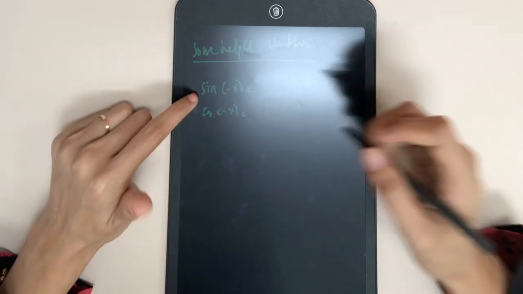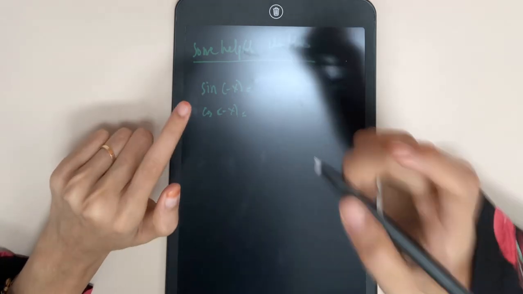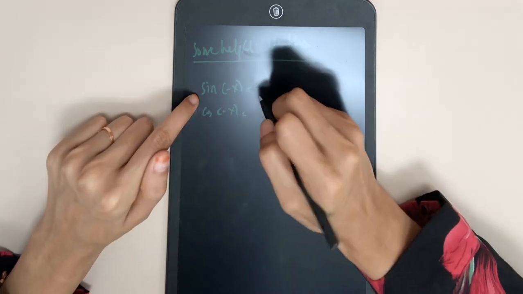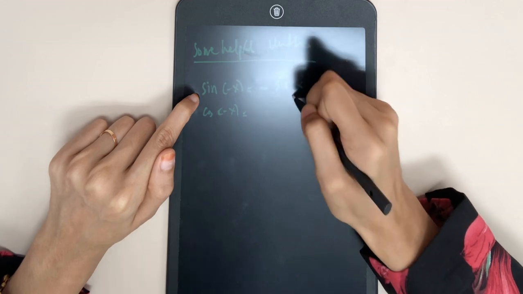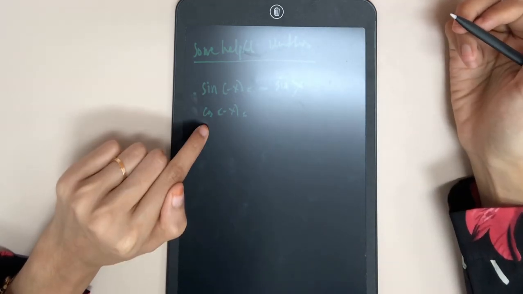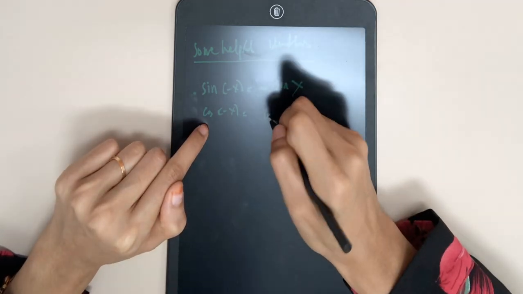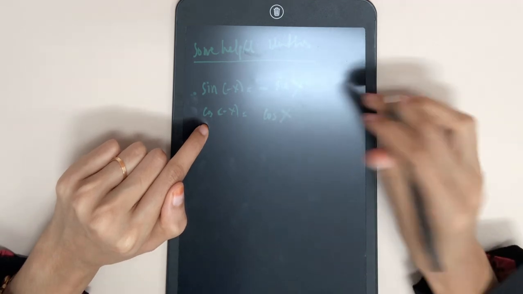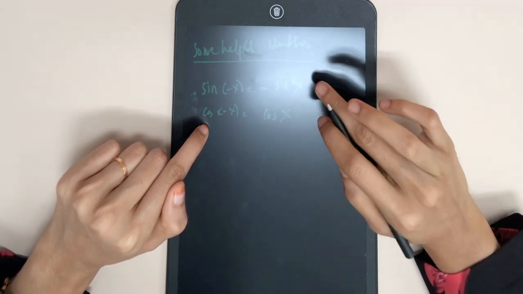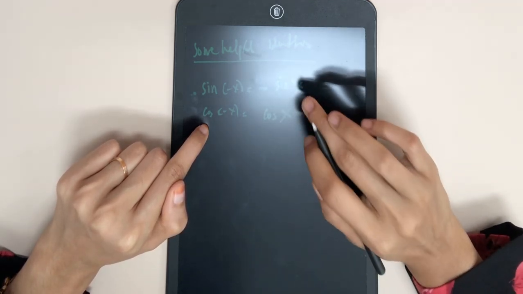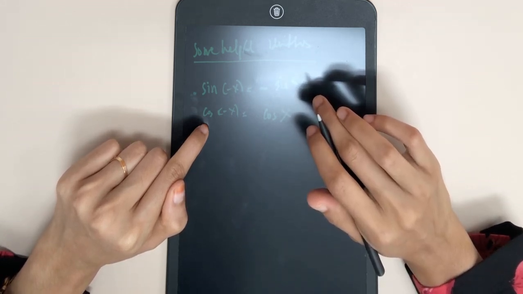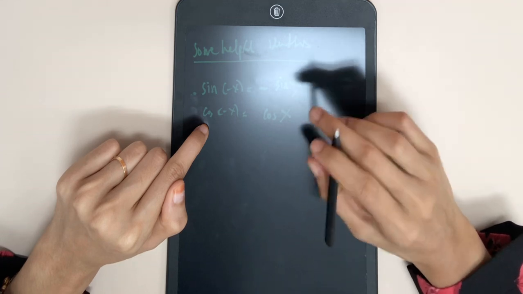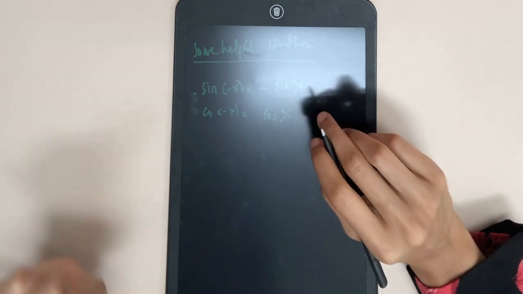So for the equation, sin negative x is odd, so it becomes negative sin x. And cos negative x becomes cos x. I don't want to explain these two again because I already showed it in the previous video on how to identify odd or even. Make sure you are clear on that first.